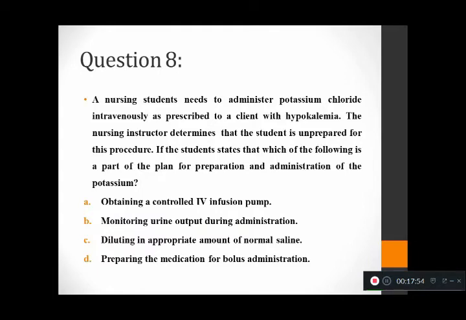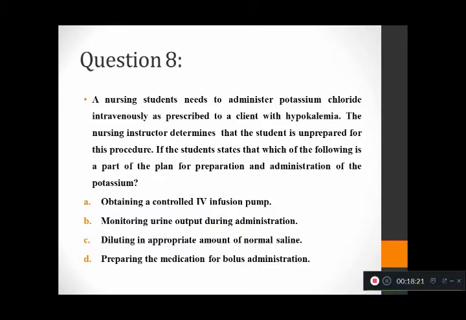A nursing student needs to administer potassium chloride intravenously as prescribed to a client with hypokalemia. The nursing instructor determines that the student is unprepared for this procedure if the student states which of the following is a part of the plan for preparation and administration of the potassium.